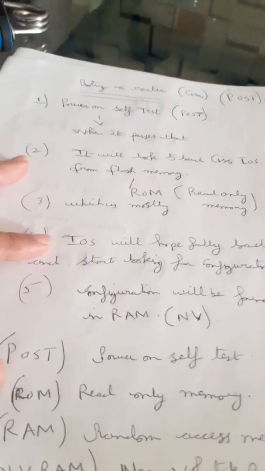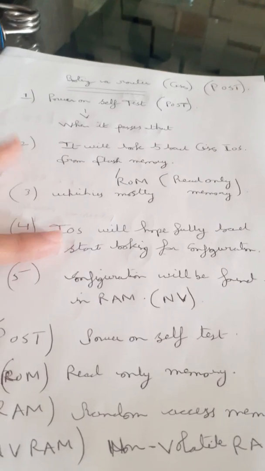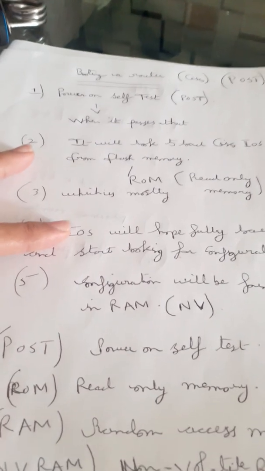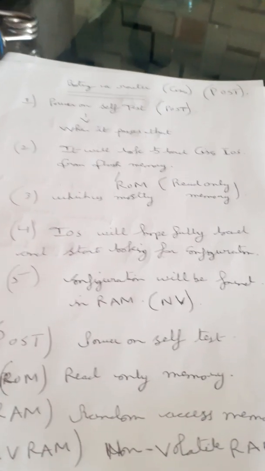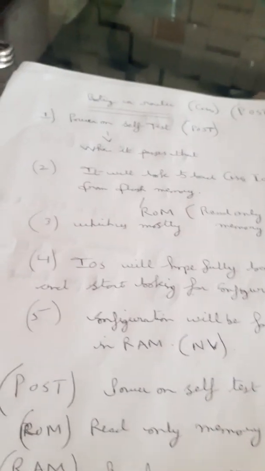Then the IOS, which is the operating system, will fully load and it will start looking for configurations. When it is looking for configurations, it will start looking in RAM.